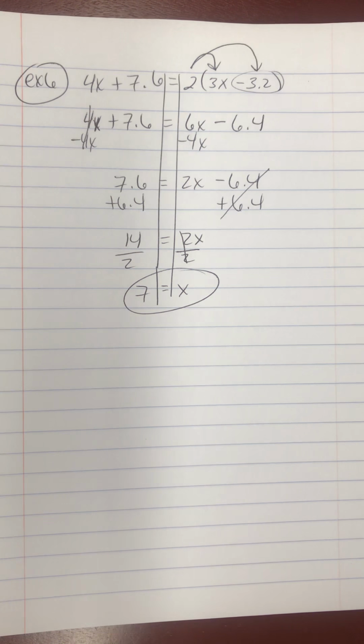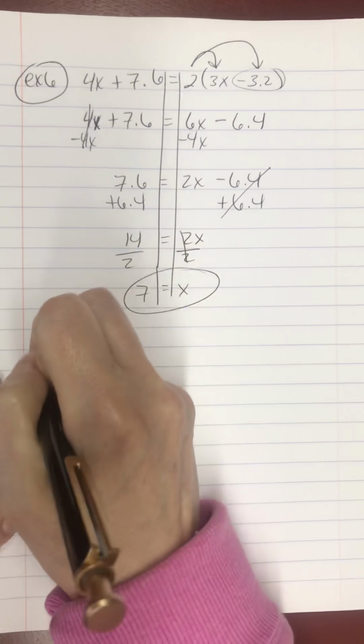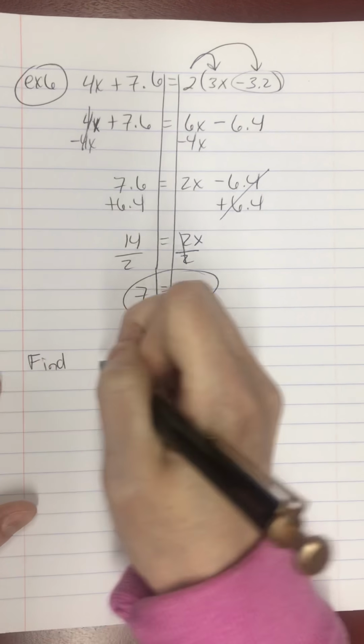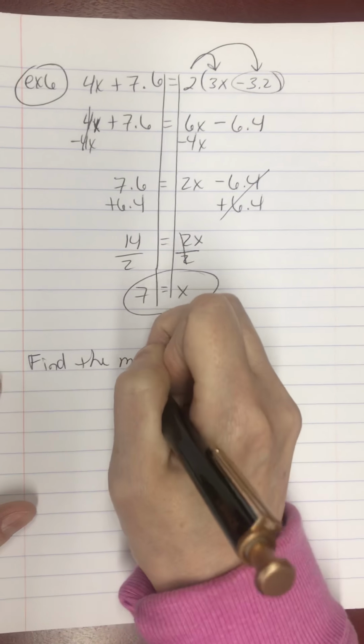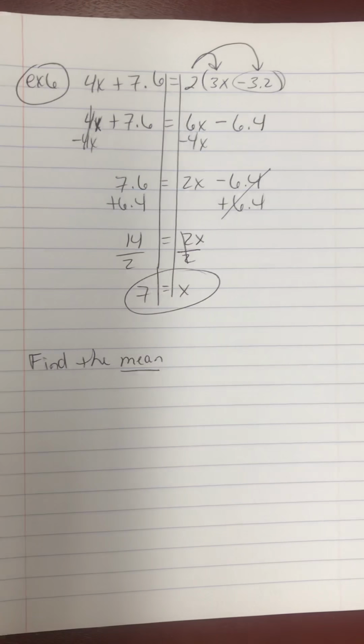And so now, guys, I just have one last little thing I want to talk about with you. The very last question on your homework, also the very last question on your quiz, number 6, is about finding the mean of a bunch of numbers. Now, you might remember what mean means. Find the mean, it's spelled M-E-A-N.